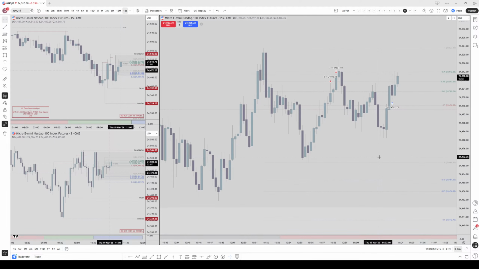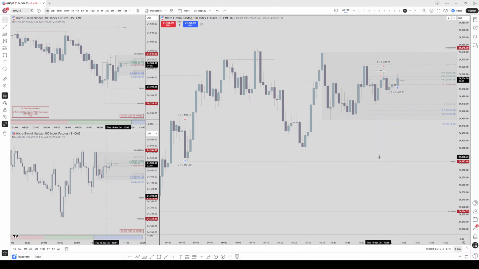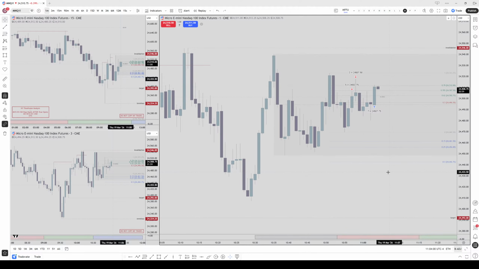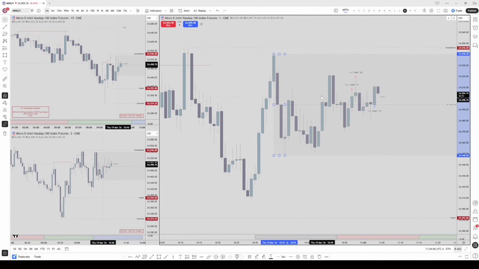It wants to go higher. Let's take a look on the 1 minute. Okay, so what price did was trade lower, taking out this low. We shifted higher, closing above this candle, came back into discount, took out another stop.